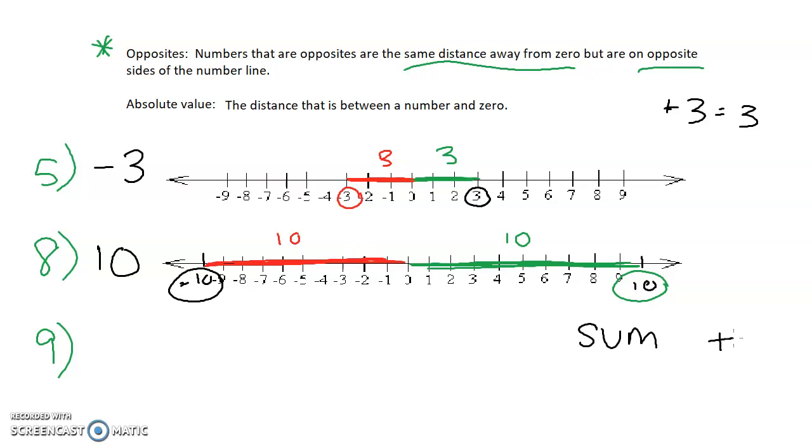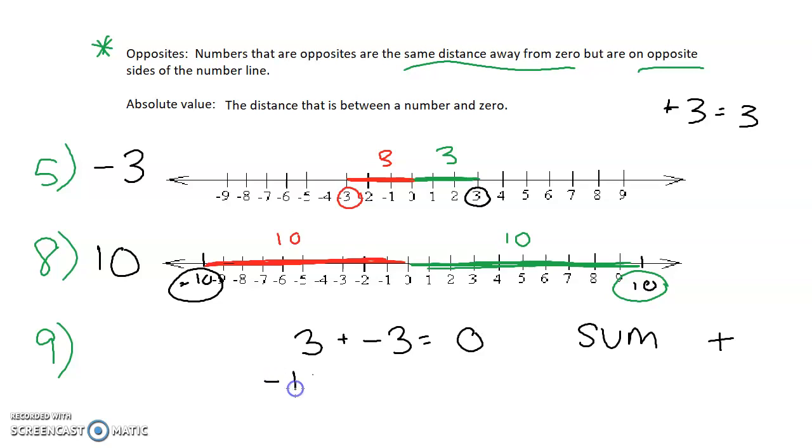Well, let's look at number 5. We know from what we solved earlier that positive 3 and negative 3 are opposites. If I add those together, what do I get? Well, they in a sense cancel each other out, so we get a 0 for that sum. Let's check back with number 8.